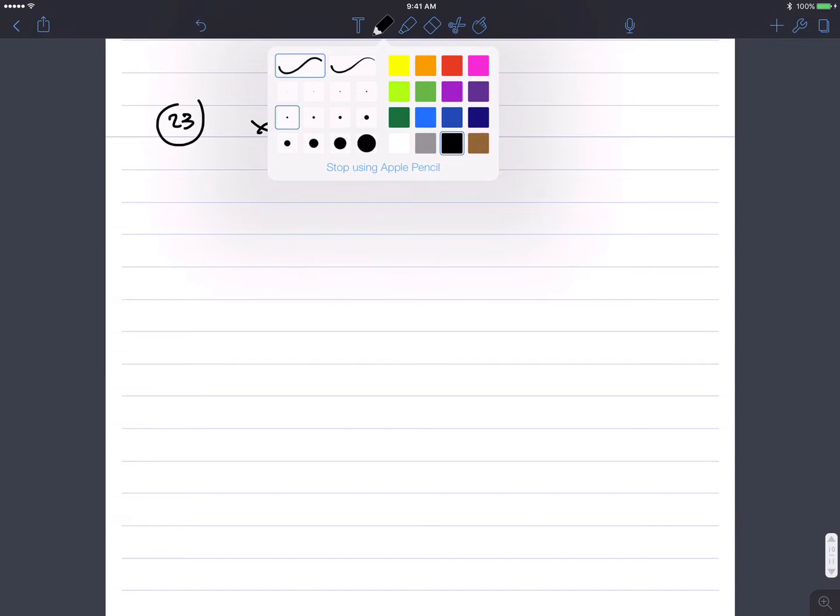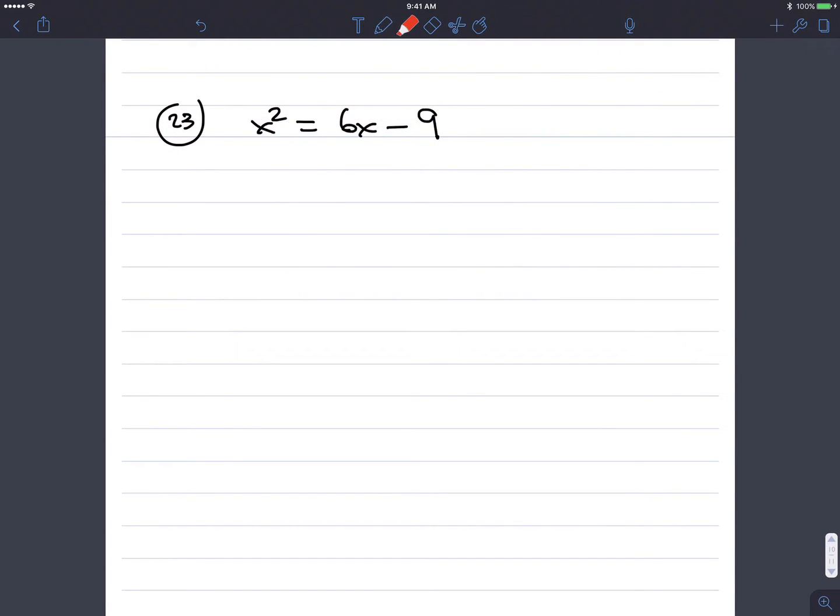Let's try 23. X squared equals 6x minus 9. So what are you going to do? Again, this portion is not 0. Okay, we know that.